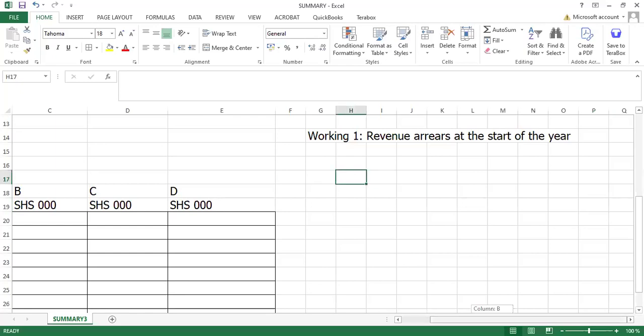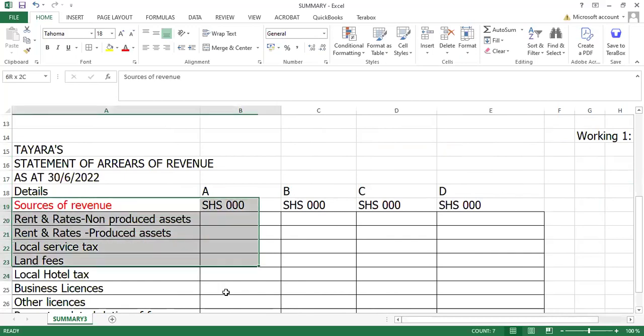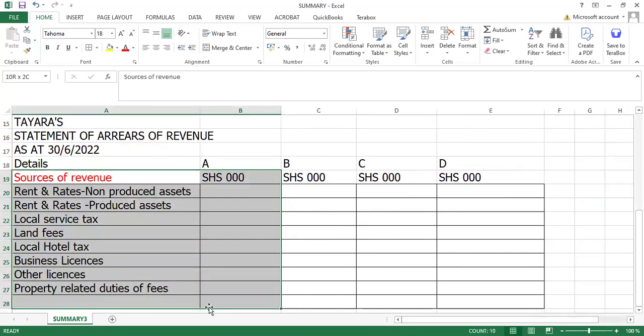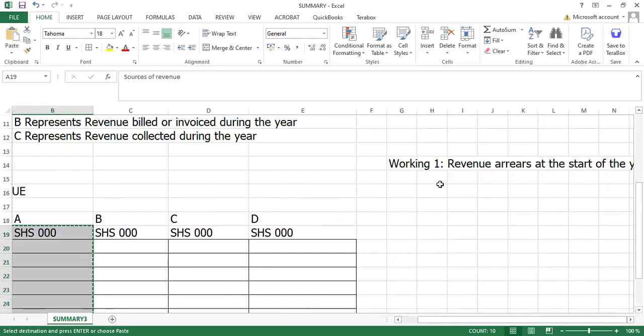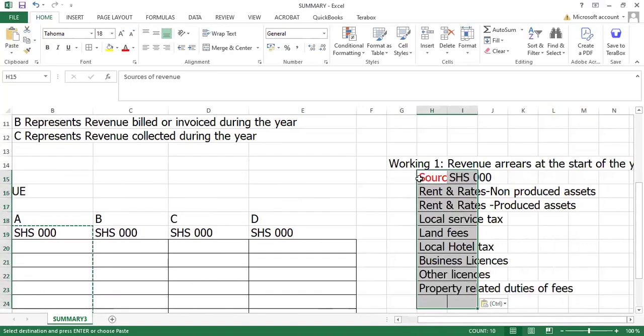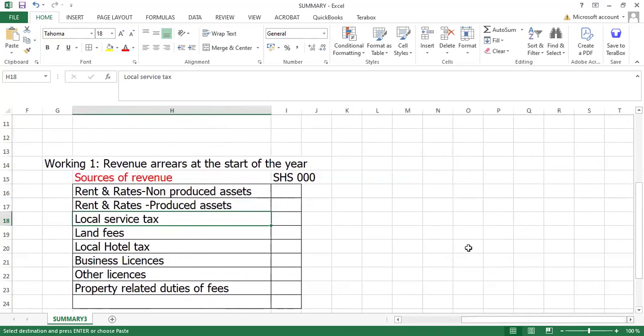Allow me to just simply copy. When you're using Excel or a computer, it really becomes easy. But in an exam, you're going to realize that we take time trying to type these things again. So I just copy these things here that I have already typed.